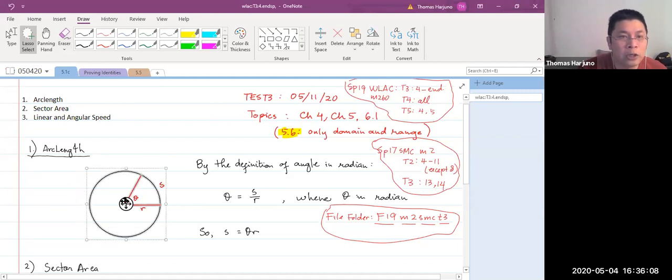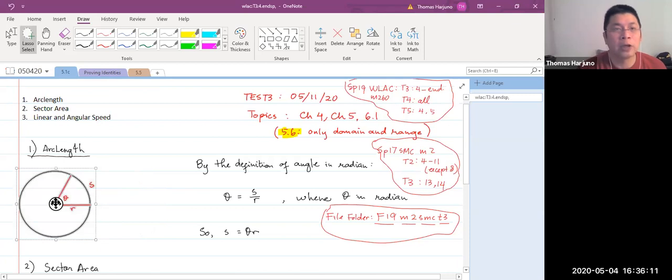Now we already learned the definition of angle in radian.